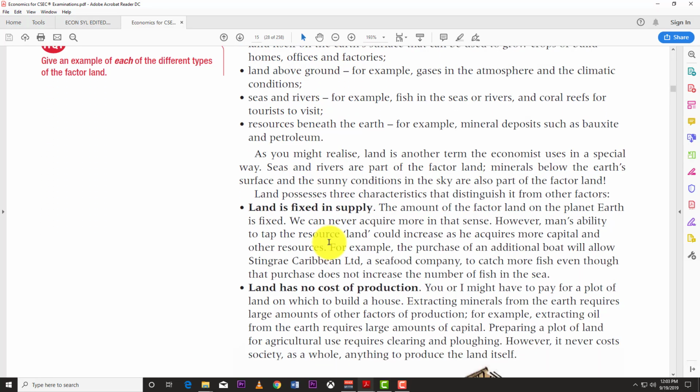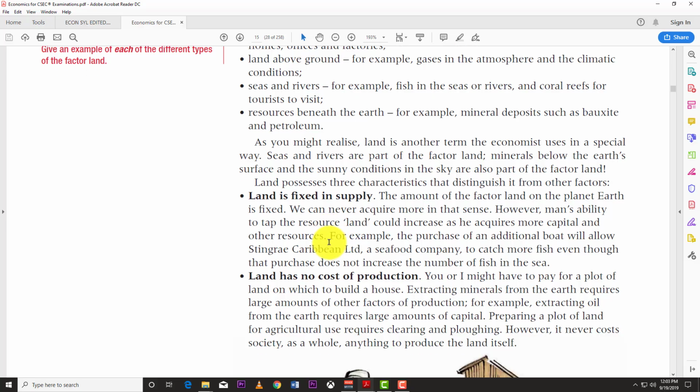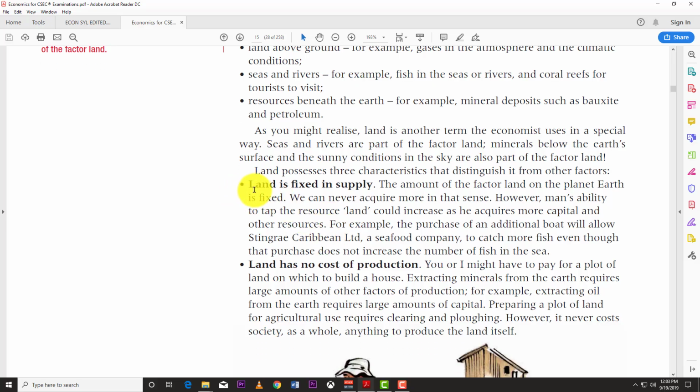Now there are certain characteristics that land has that make it somewhat different from the other factors of production. Land is fixed in supply, meaning you cannot really increase the amount of land that exists on the earth. The amount of land on the planet earth is fixed. We can never acquire more in that sense.